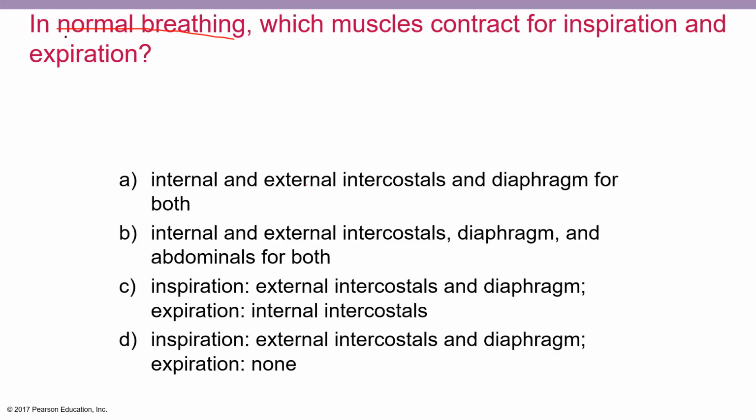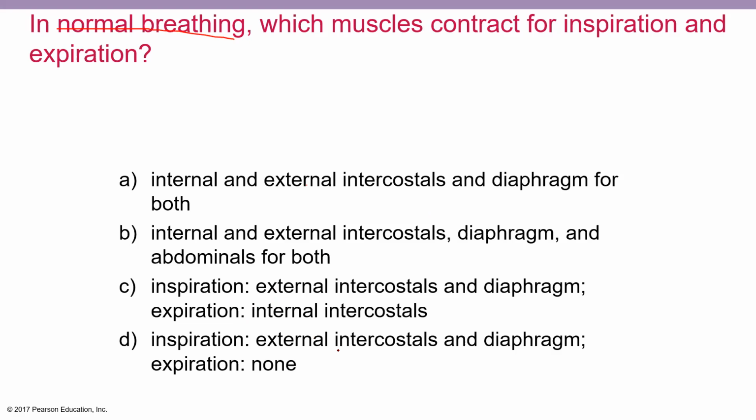Now, if I change this question to say during forceful respiration or forceful breathing, then the internal intercostals would be the correct answer. But for normal quiet respiration, we do not engage the internal intercostals or the expiratory muscles. I want to make it clear, they are still described as expiratory muscles.